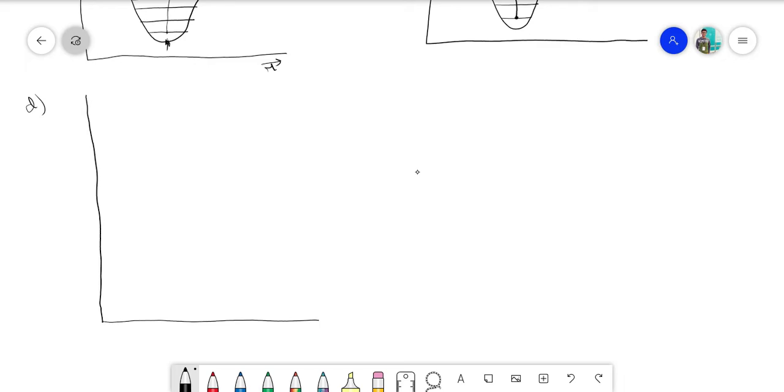So let's say you have the lower electronic state, and you have the higher state. And you have the energy levels.